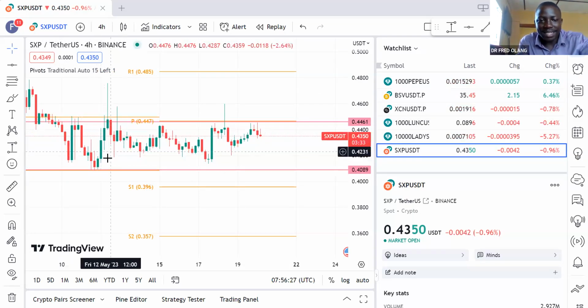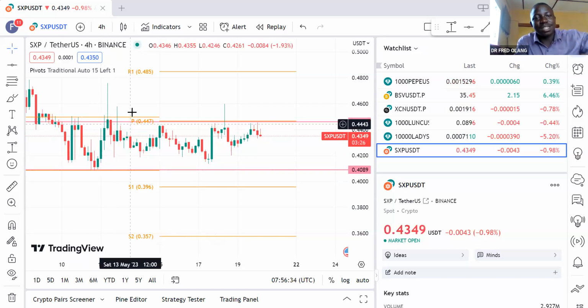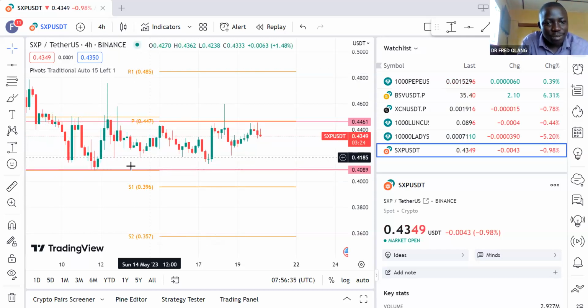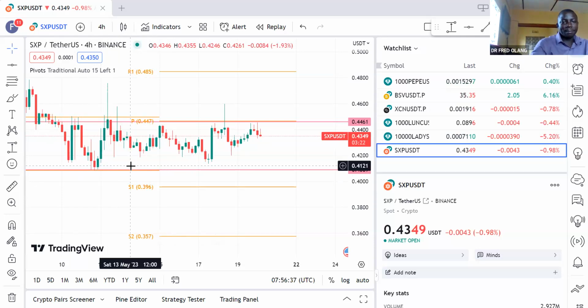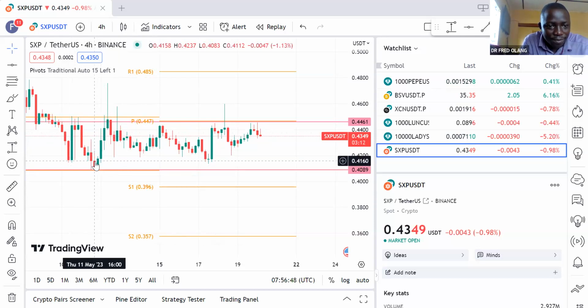I wait and see, do we close below this point, or do we get a candle that shows we are going up? When we came back to this line, we got rejected, and then I got a candle that engulfs. I think this candle engulfed this one.